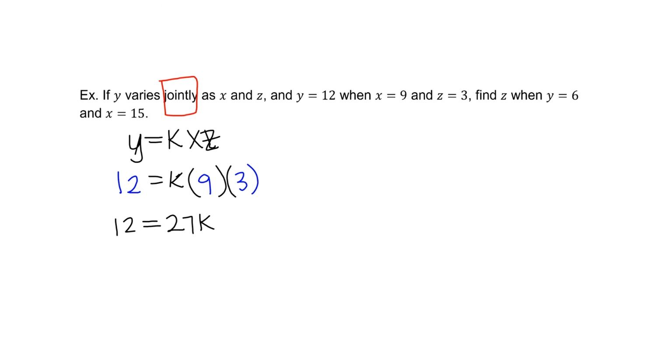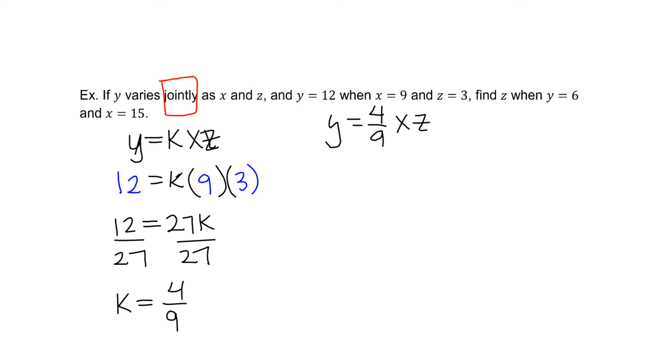And then to solve for k, we're going to divide both sides by 27. So k is going to be a fraction, and anytime we have a fraction, we're going to want to simplify it. 12 and 27 are divisible by 3. So I'm going to get k is 4/9. So now I can rewrite my equation, knowing k, y equals 4/9 xz.